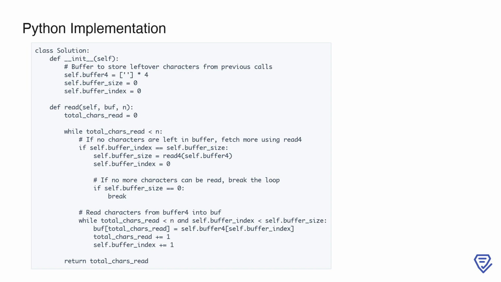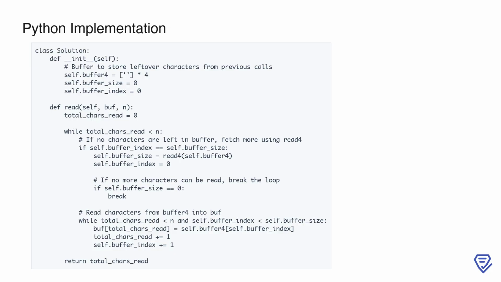Within the loop, if all characters in buffer4 have been consumed, self.buffer_index equals self.buffer_size, it calls read4 to fetch new characters. The result is stored in buffer4, and buffer_size is updated with the number of characters read. If read4 returns 0, indicating the end of the file, the loop breaks. The next while loop reads characters from buffer4 into buff until either n characters have been written or all characters in buffer4 have been consumed.